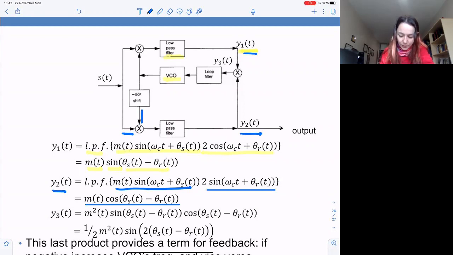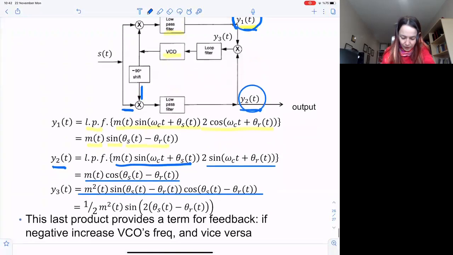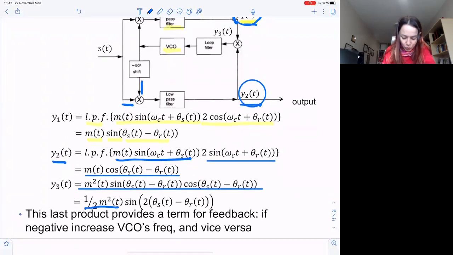Now, the idea is we are multiplying Y2, mixing Y2 and Y1, and this is the result: 1/2 M squared of t times sine of the difference of the two angles.